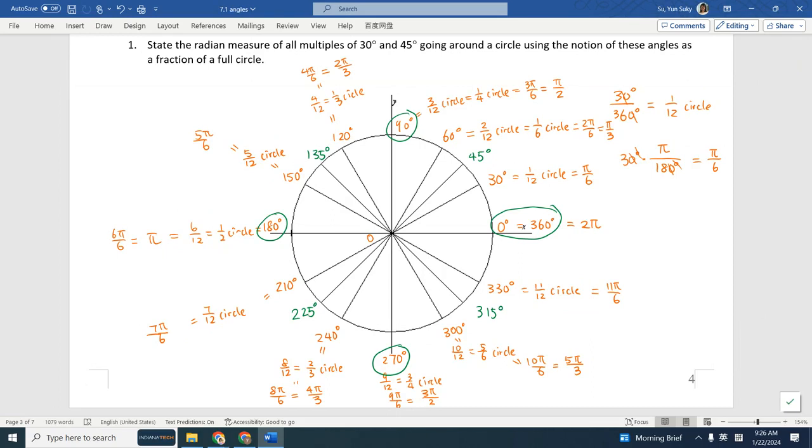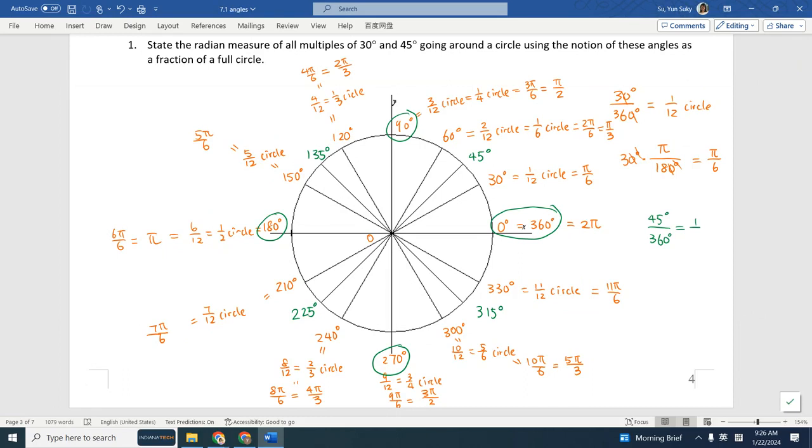Okay, so what is the fraction of a full circle? So 45 degrees. Let's do the same thing here. 45 degrees over a full circle, 360 degrees. And what is that? 1 over... Let's count. So 1, 2, 3, 4, 5, 6, 7, 8.